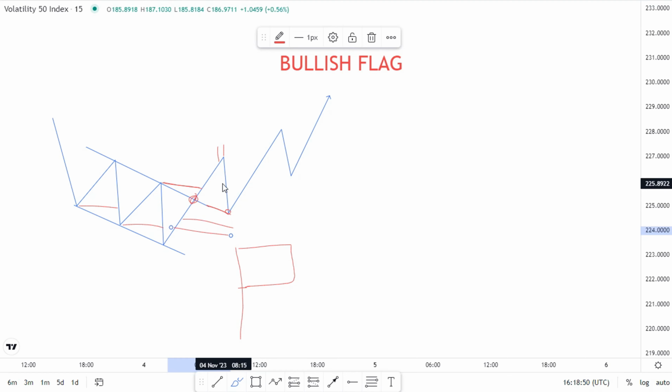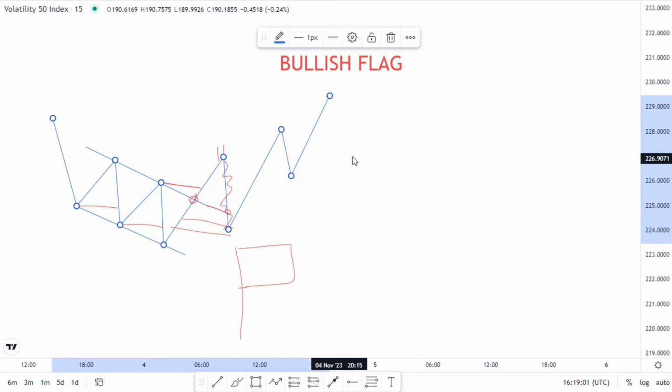So we expect this market to do some pullbacks until the top of the order blocks around here. Then we expect to see the market pushing upwards on its bullish momentum. That is what we call a bullish flag. So that is the case of the bullish flag.